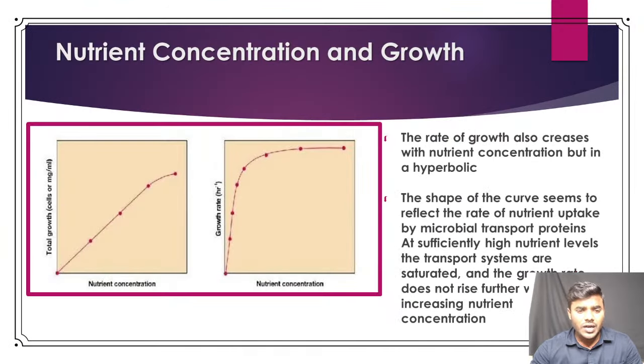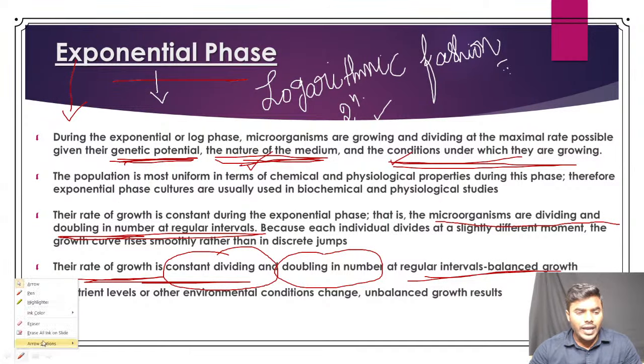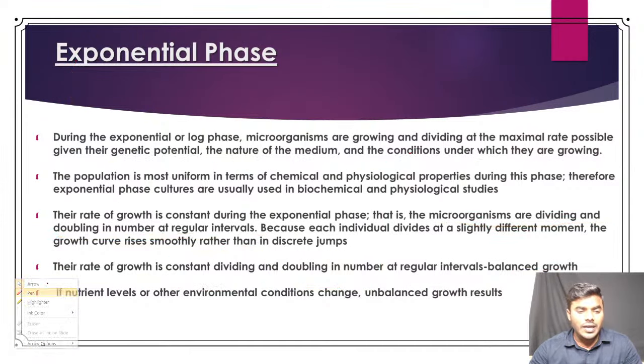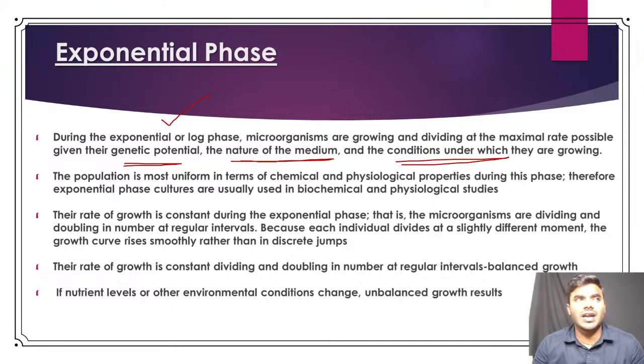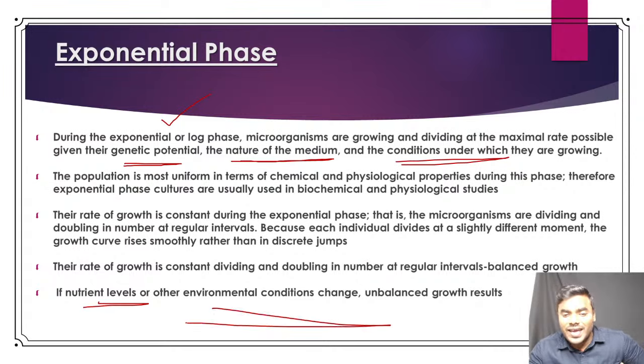Now friends, look into this point. I have used a word that the exponential phase is possible whenever there is a good genetic potential, nature of the medium, as well as, friends, the conditions under which they are growing. This is only a very good condition. Now every student keep in your mind without fail, what if I have disturbed the nutrient level, or I have introduced a new species?